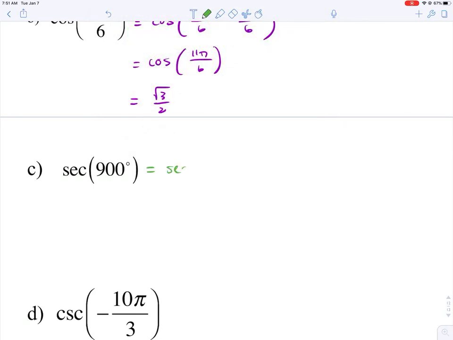Secant of 900 degrees. If we subtract 360, that's not enough, so let's subtract 720. Secant of 180 degrees, that would be the reciprocal of cosine. Cosine is negative 1, so the reciprocal is still negative 1.